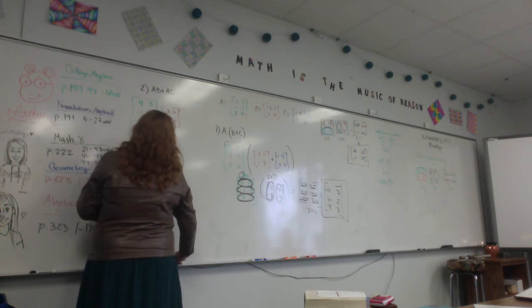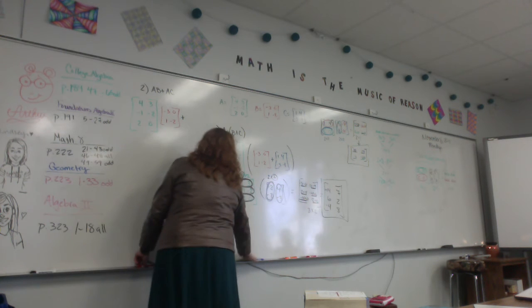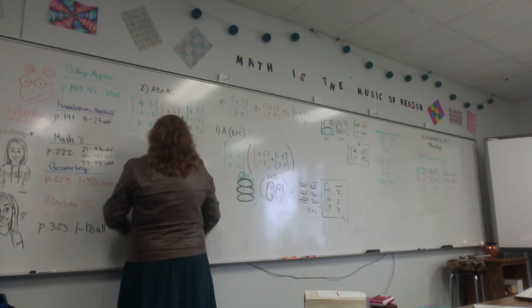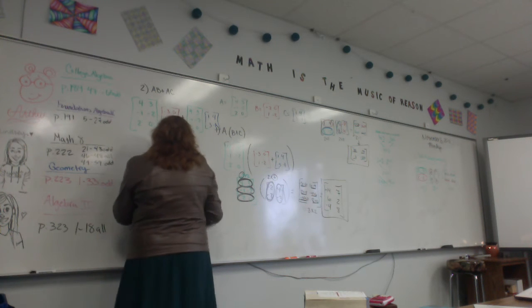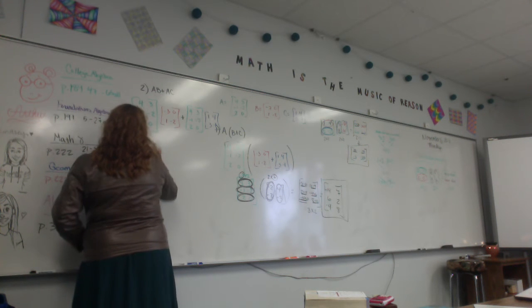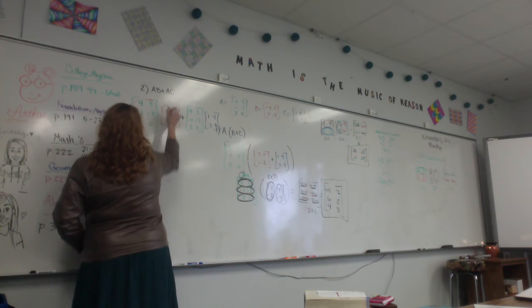Then I'm going to come back and add it to A times C. So I have 4, 3, negative 1, negative 2, 2, 0 times 1, 4, negative 3, negative 1. Okay, let's start with this one. Okay, this times this for this spot.